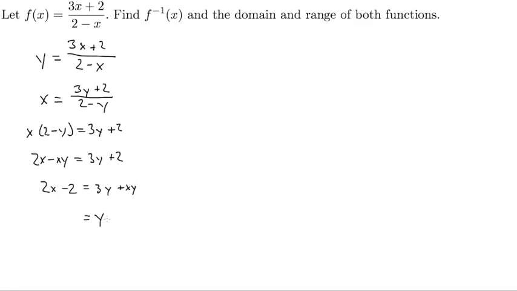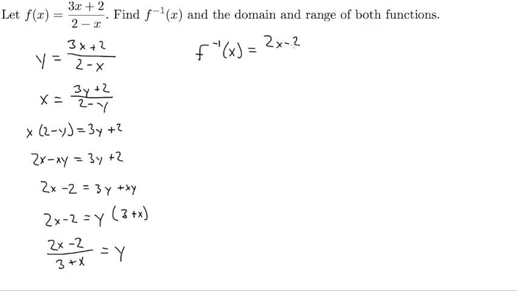So I have y times (3 plus x). Nothing changes on the other side. And then finally, I divide by this 3 plus x. So I have (2x minus 2) over (3 plus x). So there's my y value. So my inverse function, therefore, is going to be (2x minus 2) over (3 plus x).